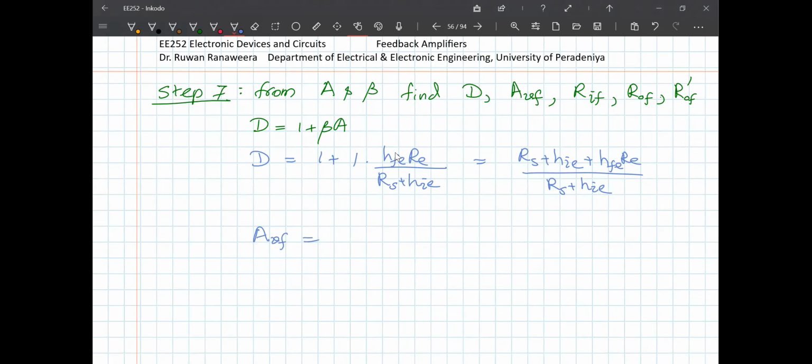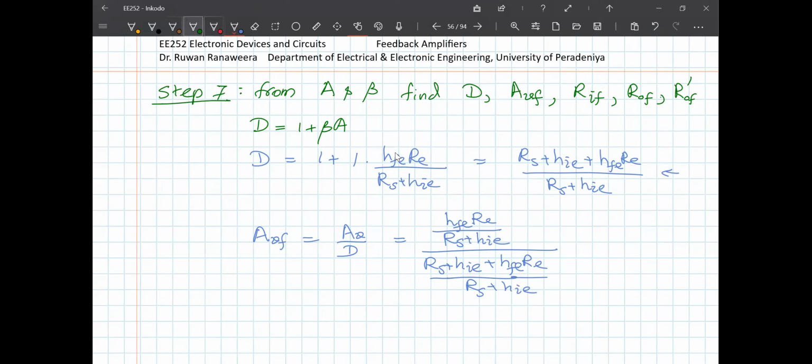AVF is AV divided by D. What is AV? AV was HFE RE divided by RS plus HIE, divided by D. D is this quantity over here, RS plus HIE plus HFERE divided by RS plus HIE.